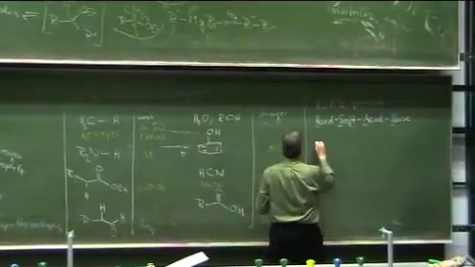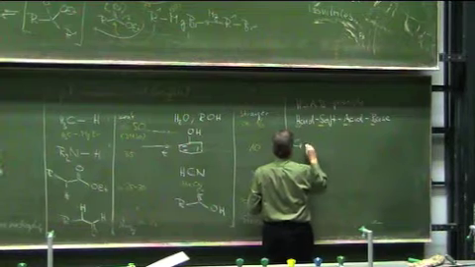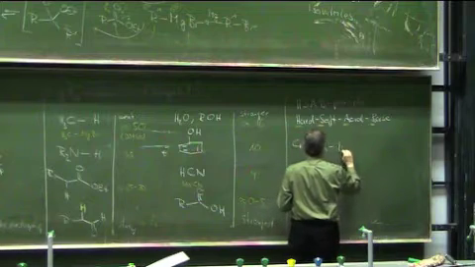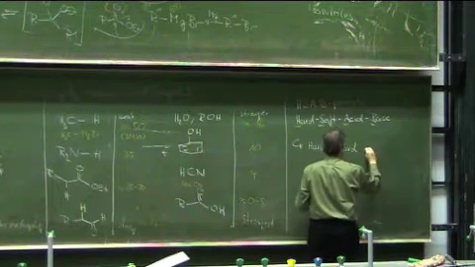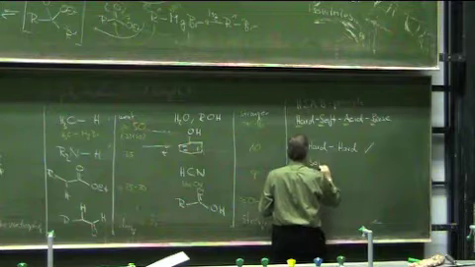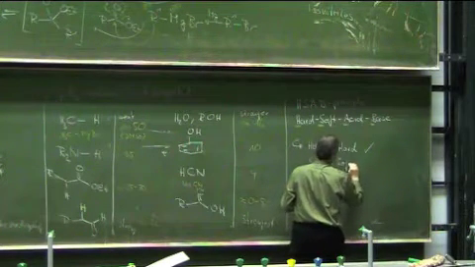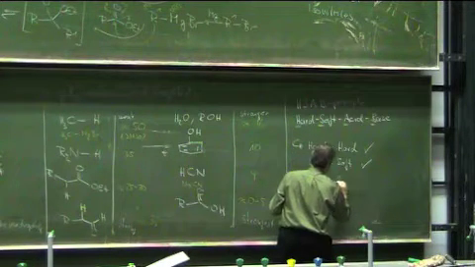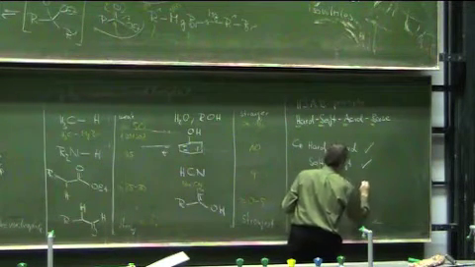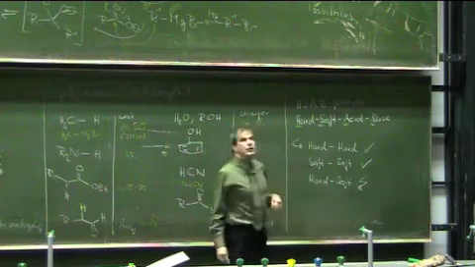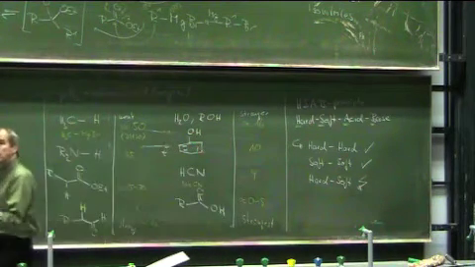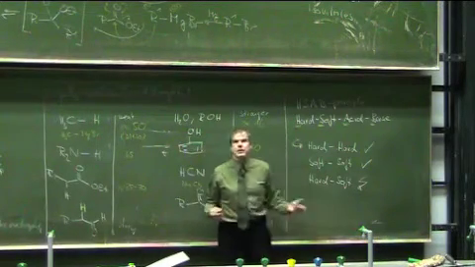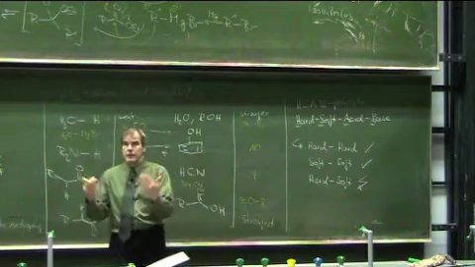And as the general rule, hard-hard combinations are good, soft-soft is good, but hard-soft combination is not good. And so reactions where you try to combine a hard acid and a soft base, whatever that means, hard and soft, this is not a good combination.